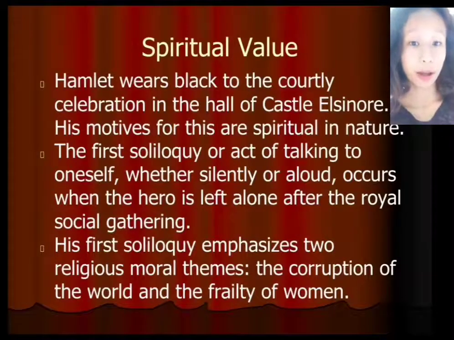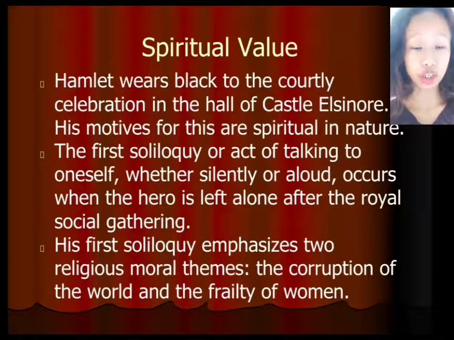Spiritual value of Hamlet. So Hamlet wears black to decorate the celebration in the room of state in the castle of Elsinore. His motives for this are spiritual in nature. So the intellectual value of Hamlet suggests the moral value of the woman as it occurred in the text of Hamlet.